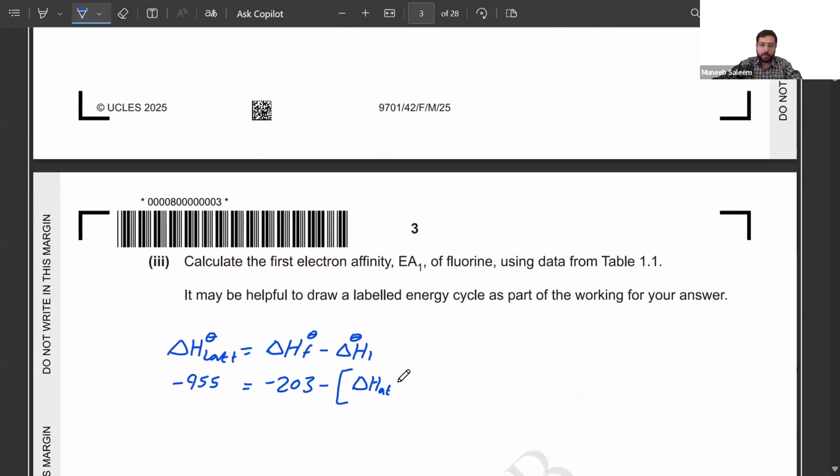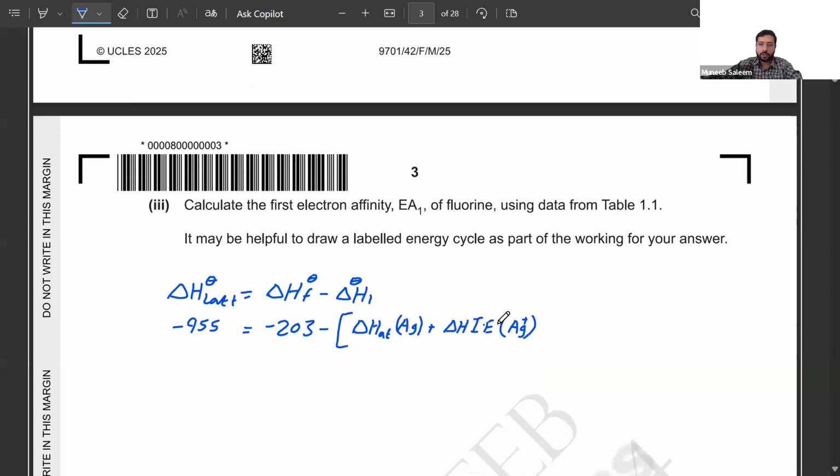So enthalpy of atomization of metal, which is Ag in this case, plus enthalpy of ionization for again silver, to make it silver ion, Ag plus.